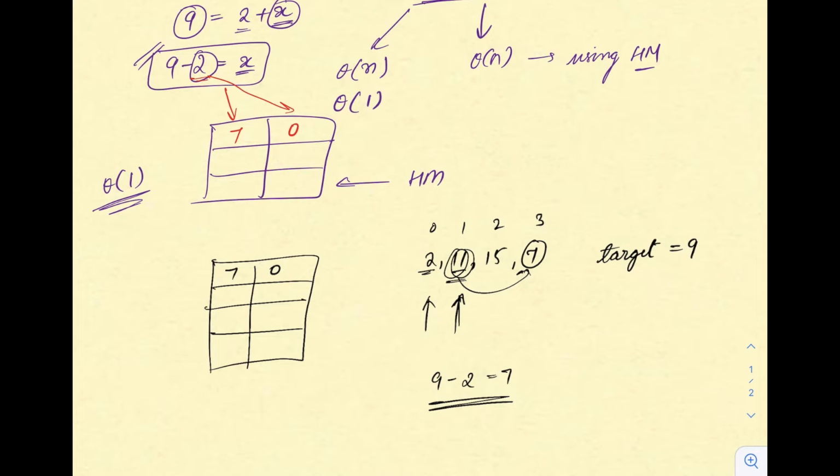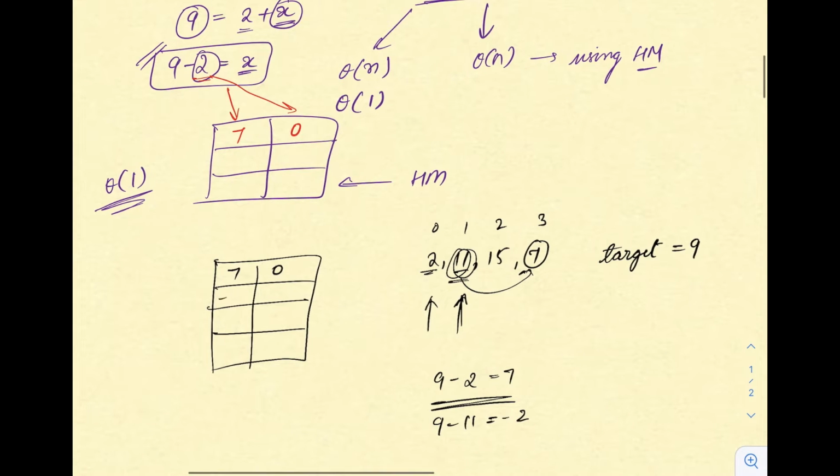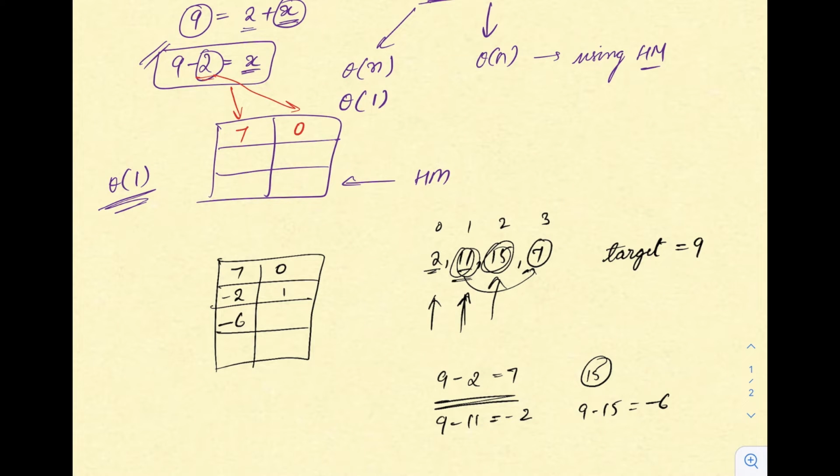So we store the counterpart of 11: 9 minus 11, that is minus 2, at index 1. Then we pick up 15. We see if anyone is looking for 15 as its counterpart. No one is, so we store the counterpart of 15, that is 9 minus 15, which is minus 6, at index 2.